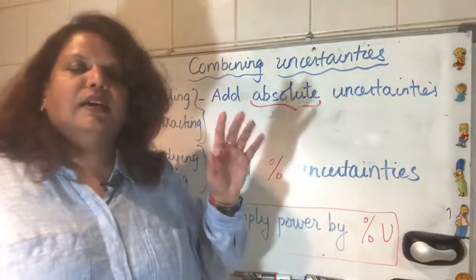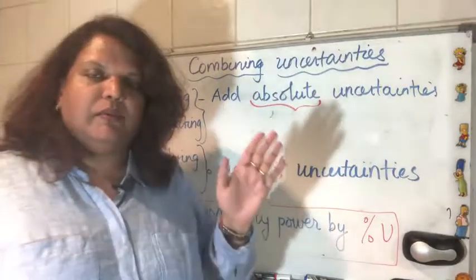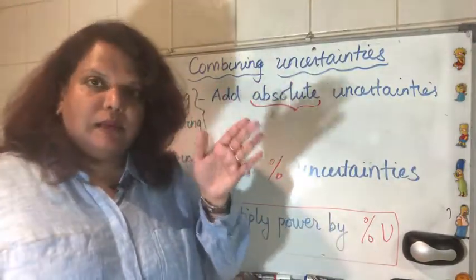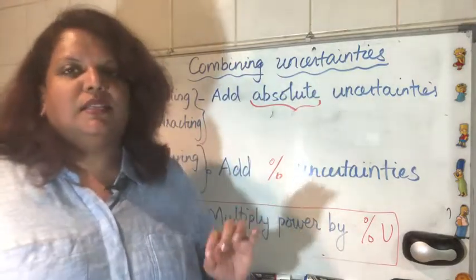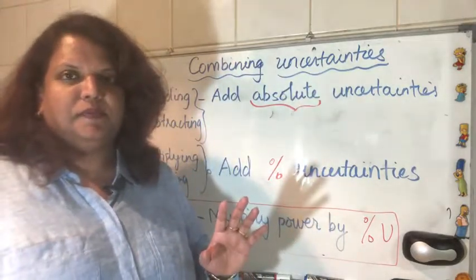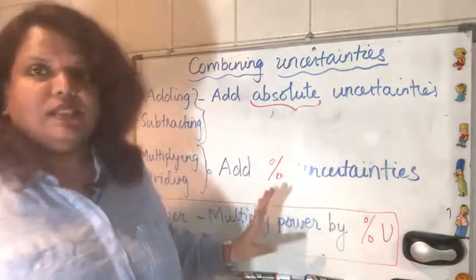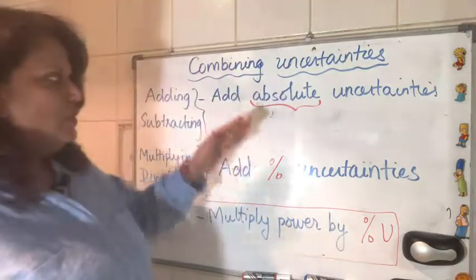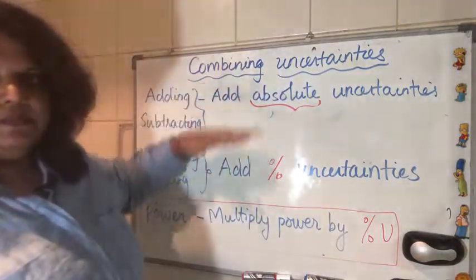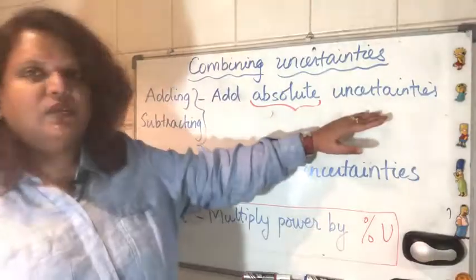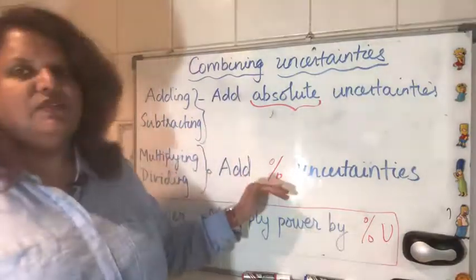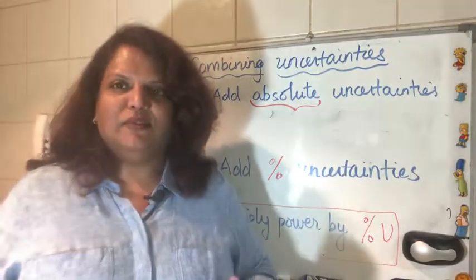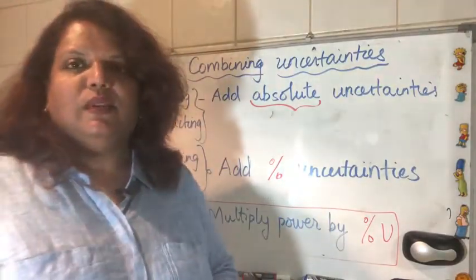Got it? I repeat, if you have x to the power of 3, then 3 multiplied by percentage uncertainty. If it is x to the power of 10 or 12 or 20, that number multiplied by percentage uncertainty will give you the answer. Got it? The rule is this. It might look a bit complicated, but keep this tip in mind. As I told you, all these are additions. This is just absolute uncertainty. Here, multiplication, division, you have to do percentage uncertainty, you need to add.